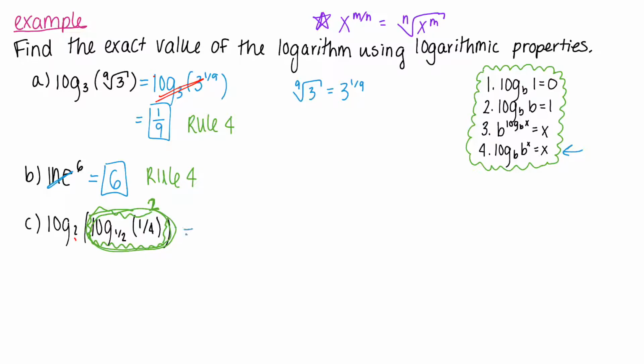So we could rewrite this as log base 2 of 2 and use this rule over here that says if you have log base b of b, it's equal to 1. So we could just say this is equal to 1. And this would be rule number 2. So 2 different ways to do that.